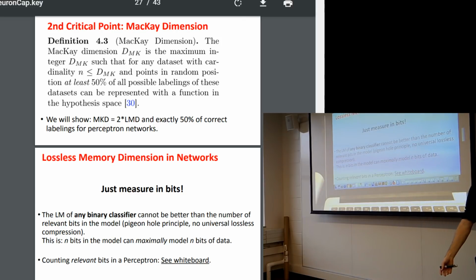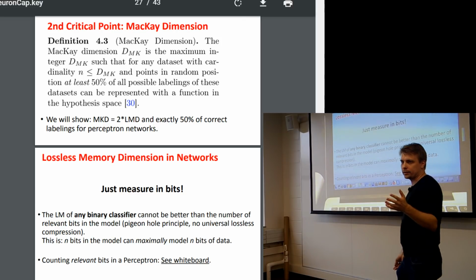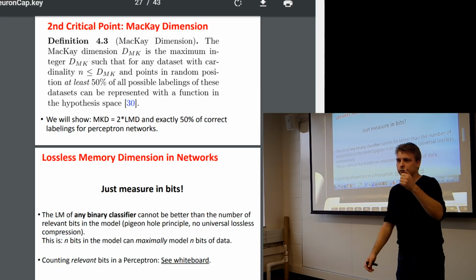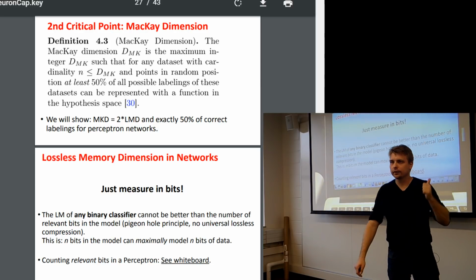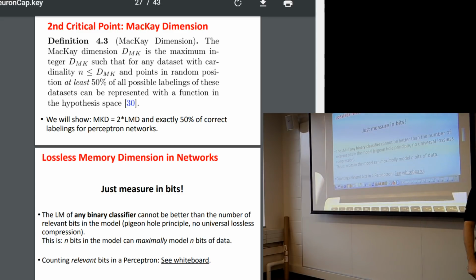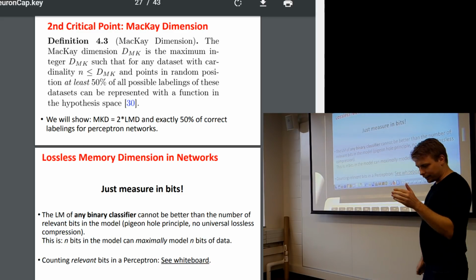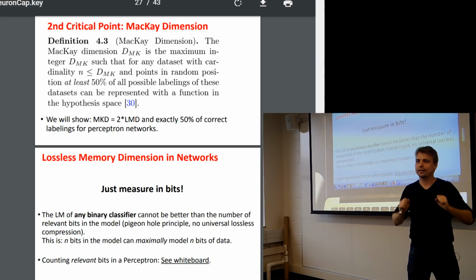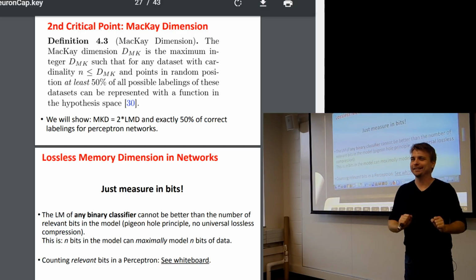We use it as memory anyway, so we have a measurement unit called bits, right? And the moment you measure things in bits, we know first of all there's no universal lossless compression, okay? So that means with n bits, you can, in the best case, memorize n bits, right?